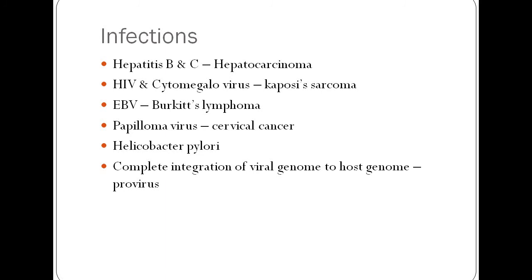Infection by viruses and bacteria has been correlated with the incidence of cancer. All these viruses we have already seen in other subjects, but here Helicobacter pylori is one important bacterium which is known to cause ulcer in the stomach. The discovery of this particular bacterium, which causes cancer, was awarded the Nobel Prize.